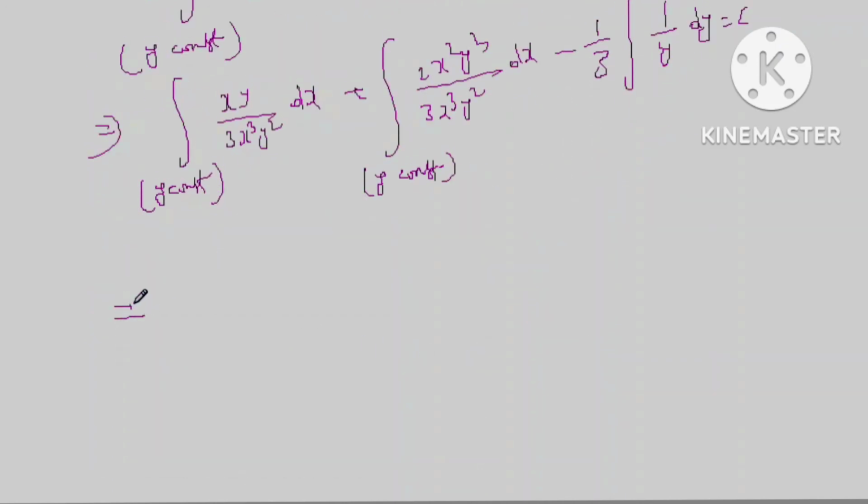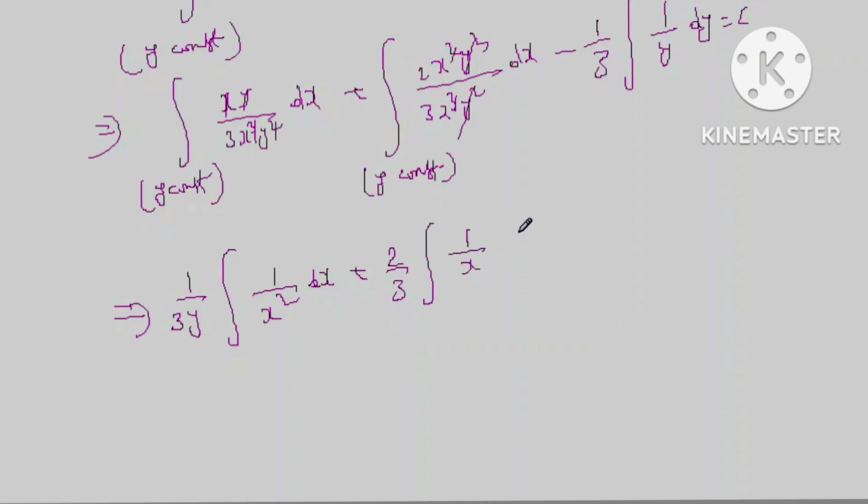So this implies, in this 1x gets cancelled out and 1y gets cancelled out, and y is a constant and 3 is a constant. So you can write outside the integral 1 by 3y, integral 1 by x square dx, plus y square gets cancelled out, and 1x remains in the denominator, 2 by 3 is a constant, integral 1 by x dx minus 1 by 3, this is log modulus y, is equal to c.